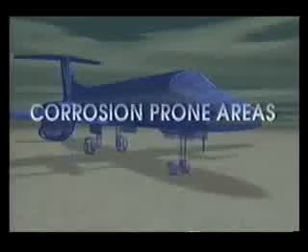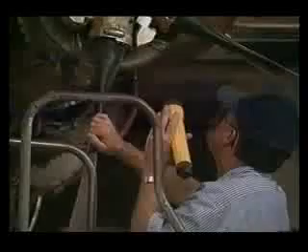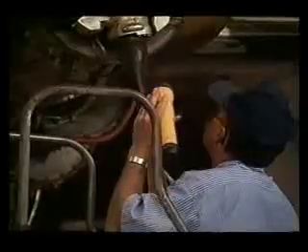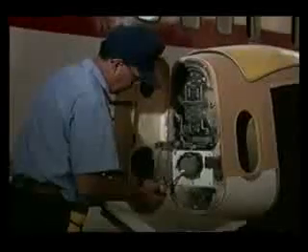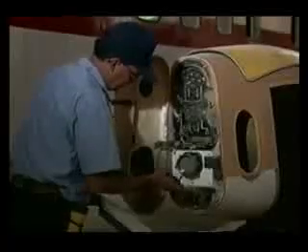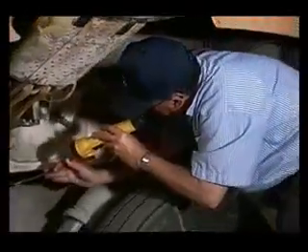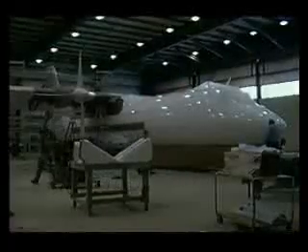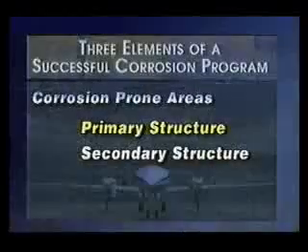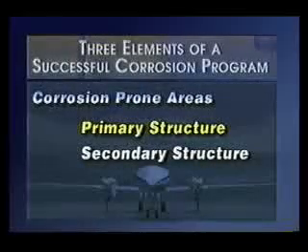The final tool for your corrosion program is the identification of the corrosion-prone areas of the aircraft. The collective experience of the aircraft manufacturers and operators have identified the major corrosion-prone areas on aircraft. These areas were presented in the videotape Corrosion 1. To assist in developing a corrosion control program, the aircraft should be seen as having a primary structure and a secondary structure.